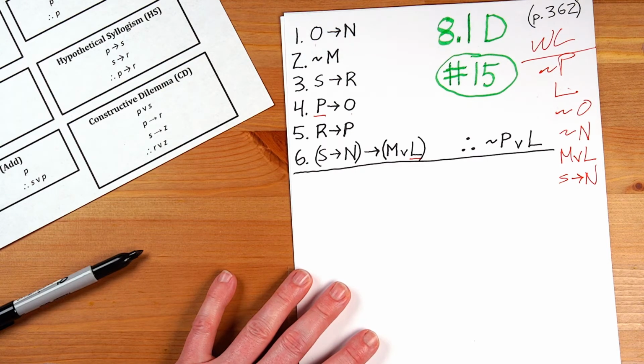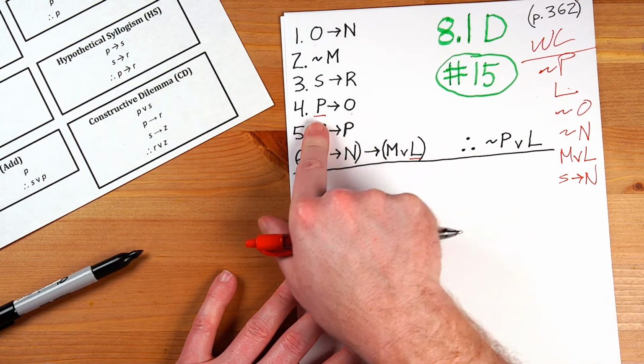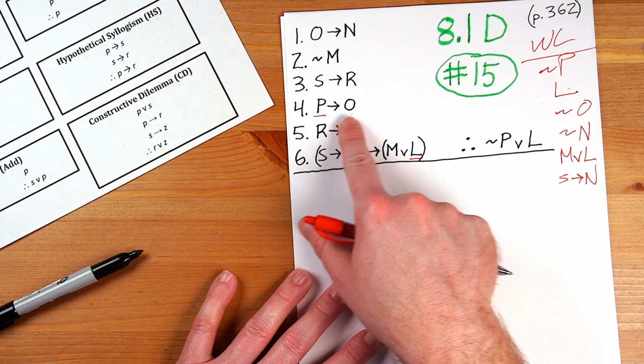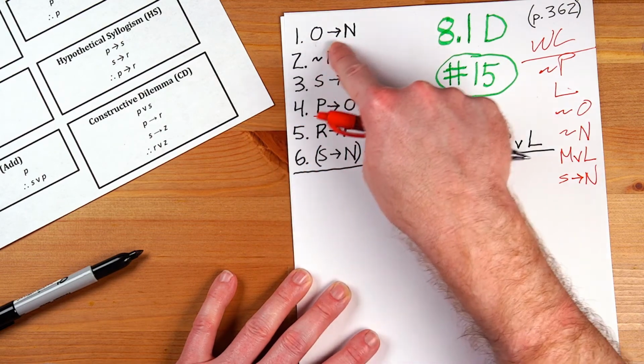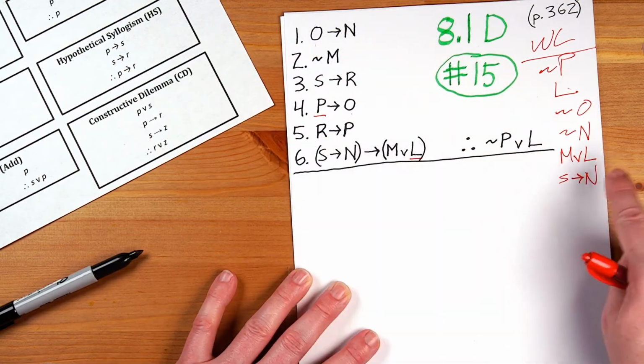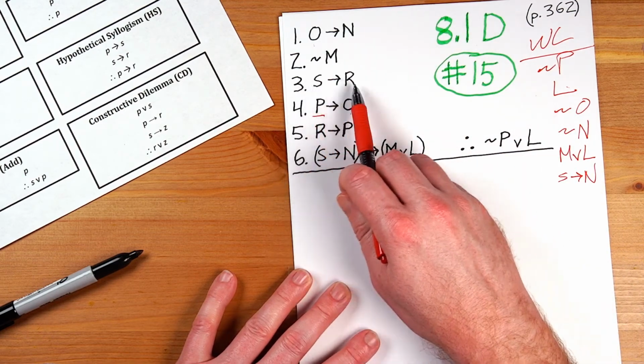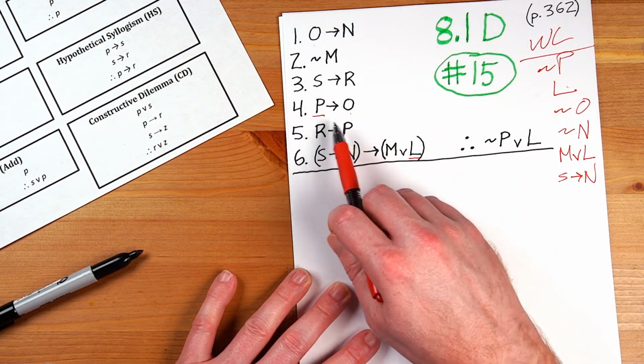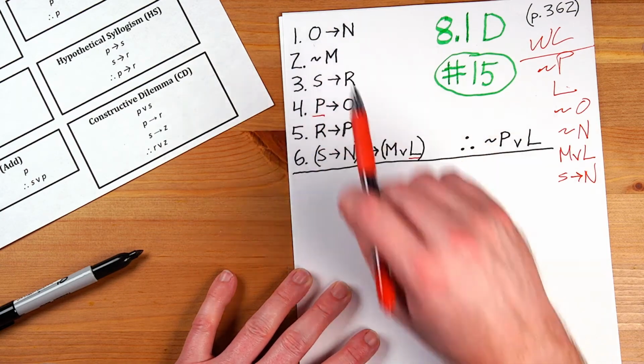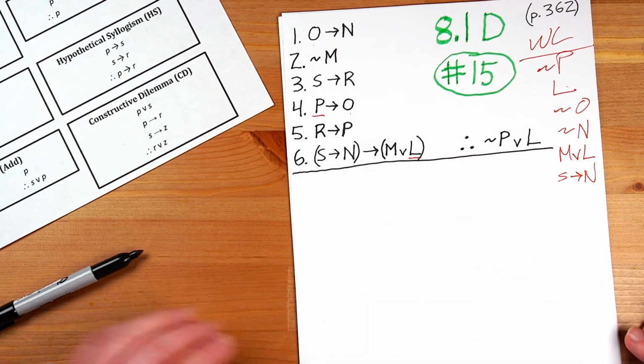I'm not sure. Oh, yes, I'm totally missing 4. P arrow O. And we have O arrow N. Oh, and that's what we need. So we have this trail going from S to R, R to P, P to O, O to N. So we could follow that trail.